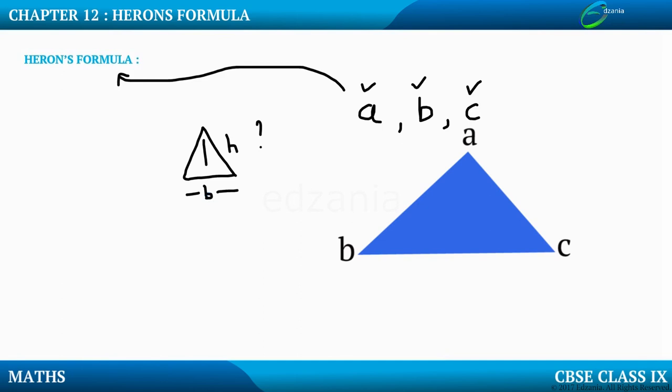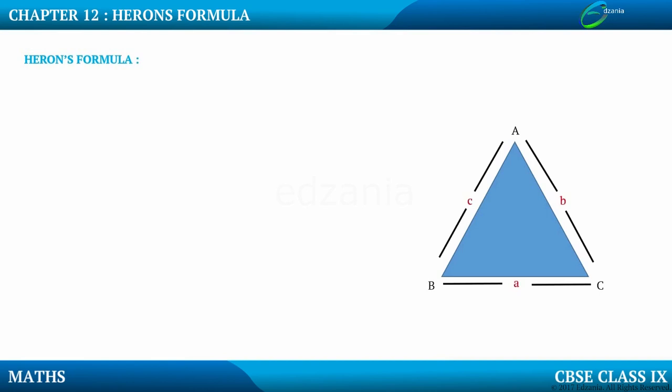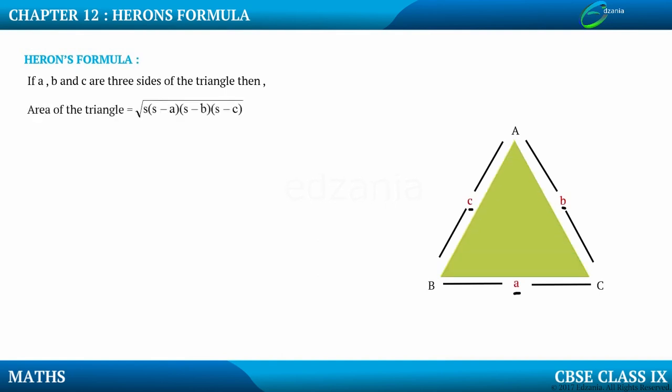First of all, let us see what this formula is. For that, let me consider a triangle. This is triangle ABC. We know that the side opposite to angle A is small a, side opposite to angle B is small b, and side opposite to angle C is small c. Now, if a, b and c are the sides of the triangle, then area of this triangle is given by root of s into s minus a, s minus b, s minus c.